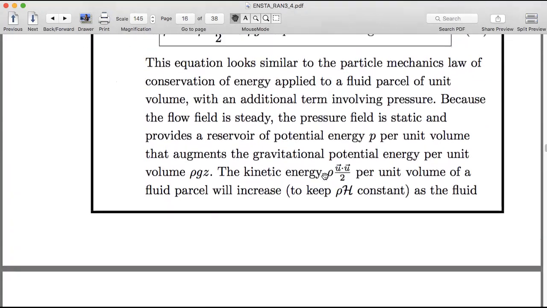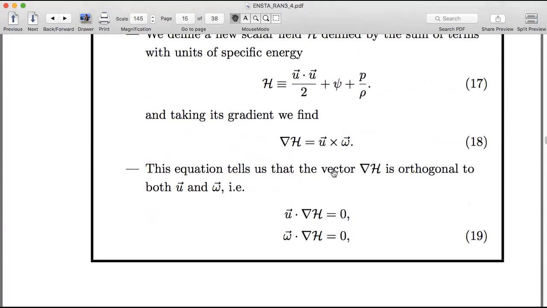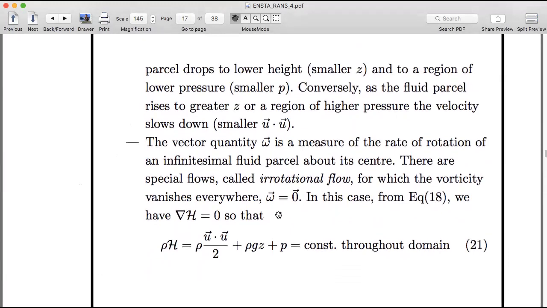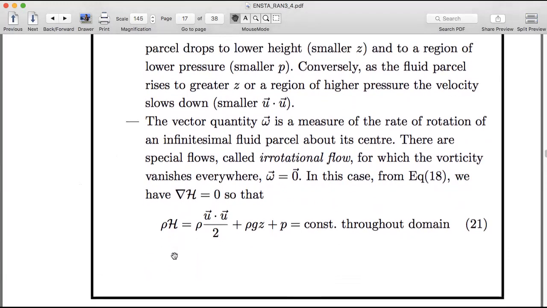And then things simplify even more. So I'd like to go back to equation 18 and say the gradient of h is not only perpendicular to these vectors, but when omega is 0 for irrotational flow, then grad h equals 0. So h is just a constant. And therefore, so is rho times h.